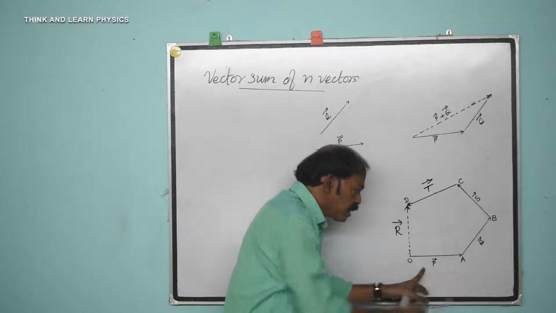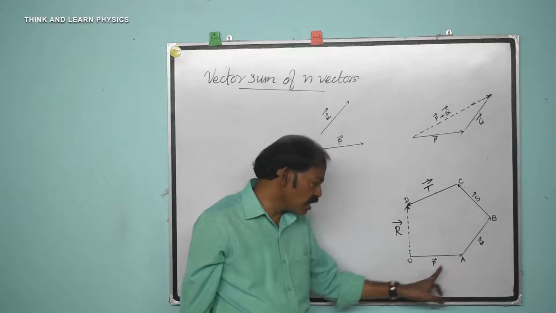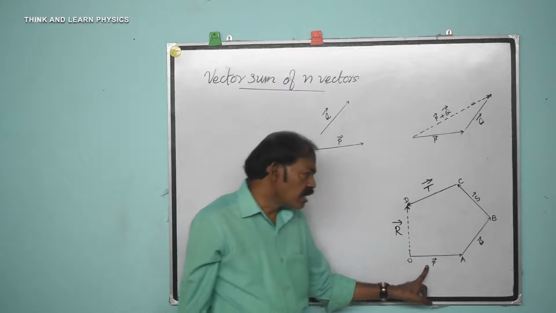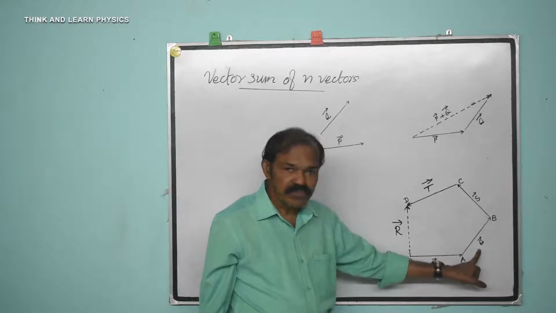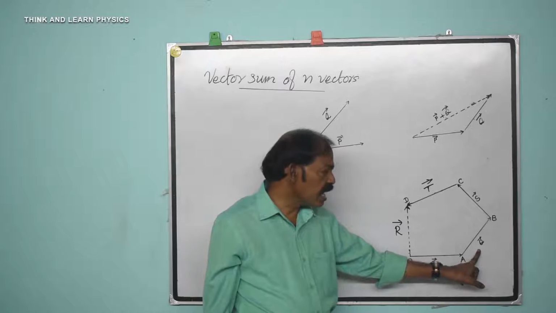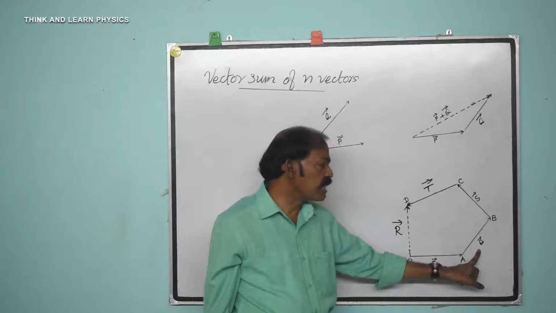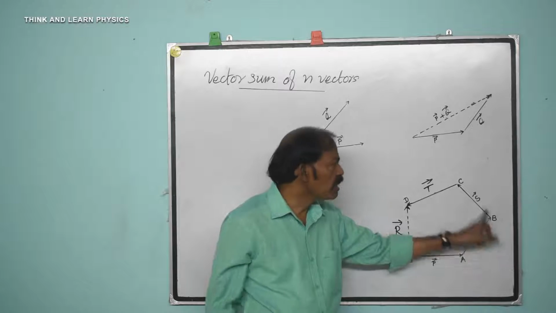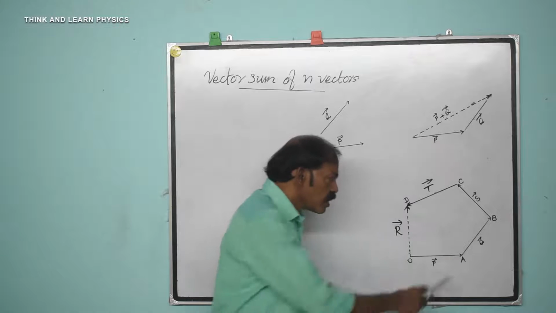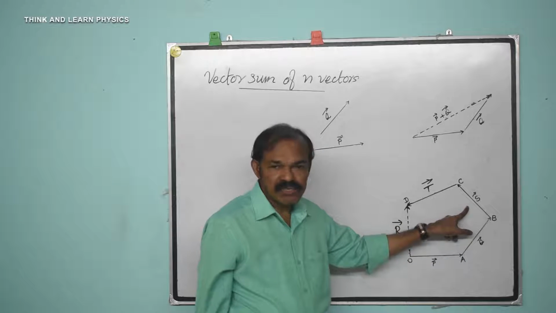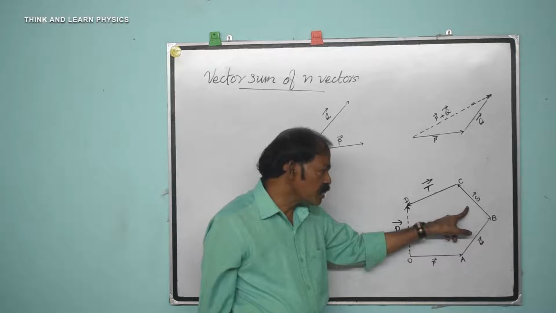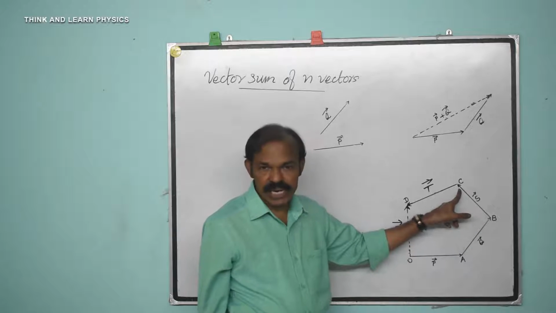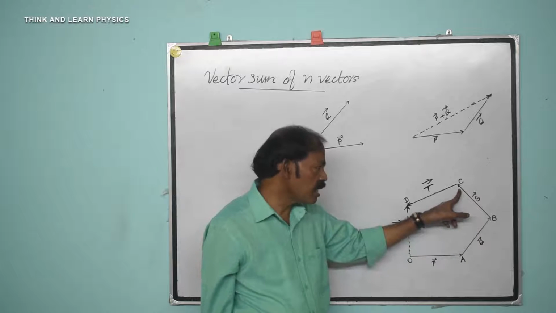The sides of the polygon, that means OA represents the p vector, then the other vector, q vector, is placed with its tail at the tip of p vector and it is represented by AB vector, like this. Now the next vector is S vector. It is represented along BC, the side BC of the open polygon.